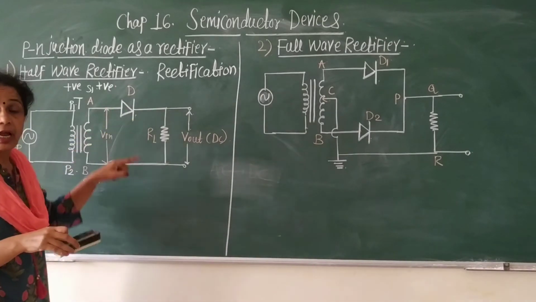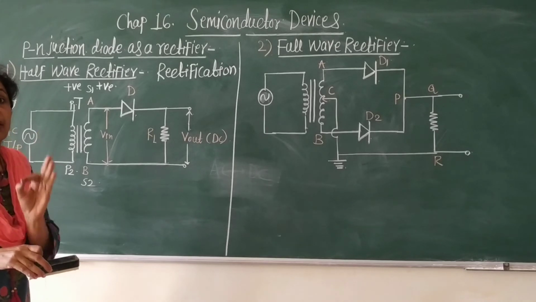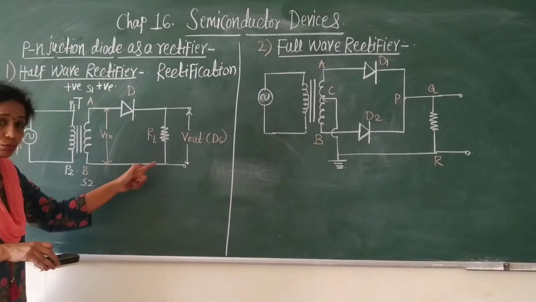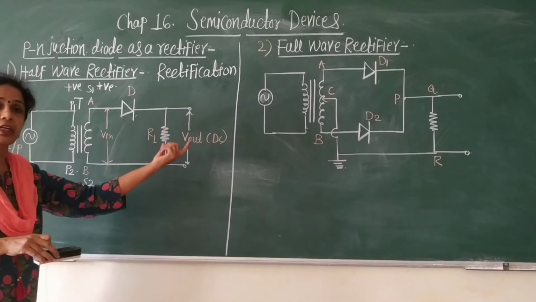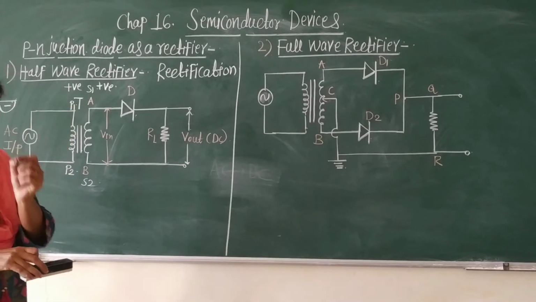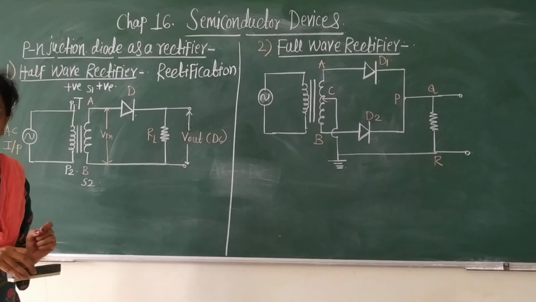Therefore, this diode becomes forward biased. It conducts, and the current flows through the RL. And here we get the output voltage, which is in the form of a DC, means direct current voltage.